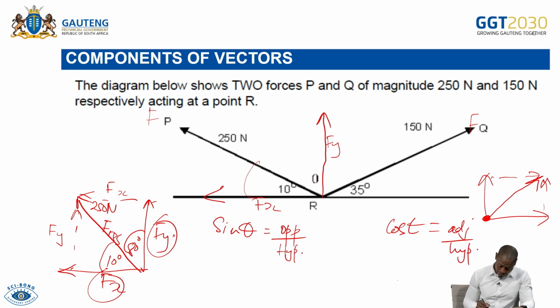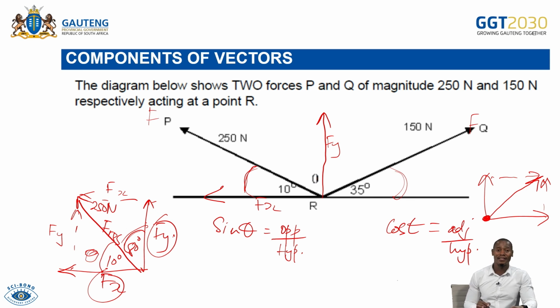Okay? Our focus should be the angle to the horizontal, this angle. Let's forget about the angle to the vertical, so that we stick to one thing. So this is the theta that I'm talking about, which is the angle to the horizontal.